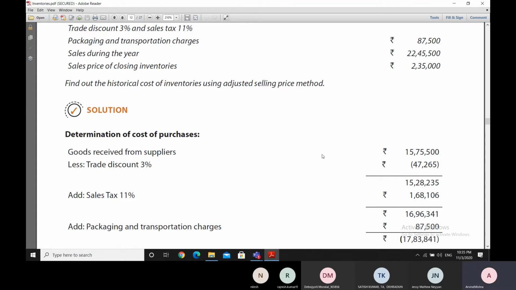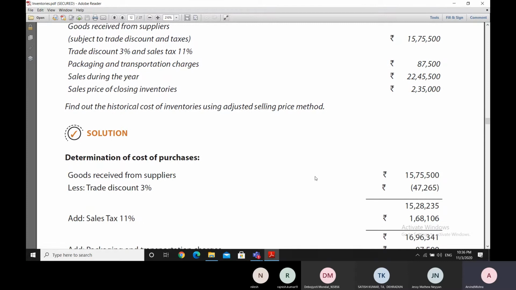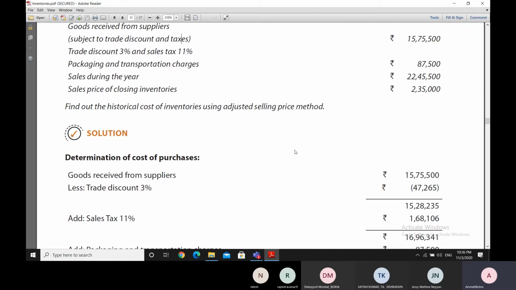Now, we have received the goods from the suppliers at this 15,75,500 rate, which was subject to trade discount. So we reduce the trade discount 3%. After the trade discount, we add the sales tax of 11%.